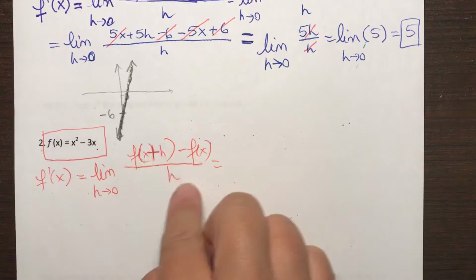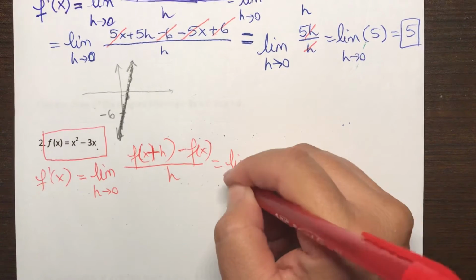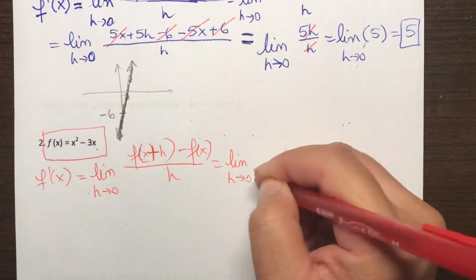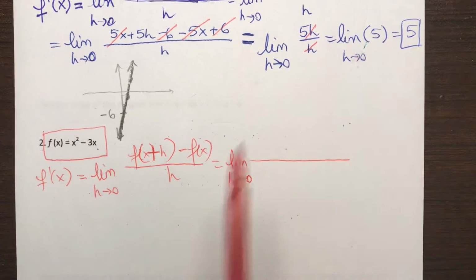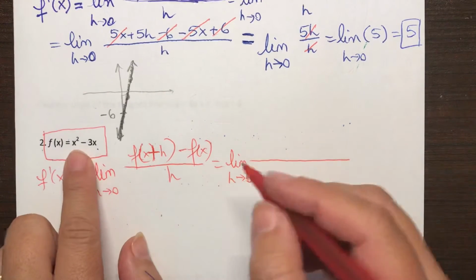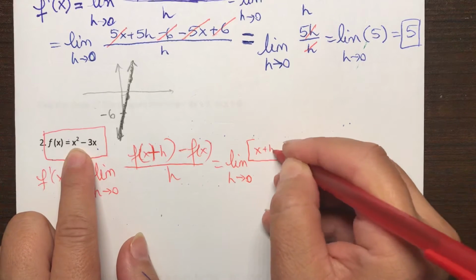And now this is the algebra manipulation. Don't forget, you're going to write this limit until you're ready to plug in the value of h. Okay. So what is f of x plus h? Okay, one more time. In here, instead of x, I write x plus h.